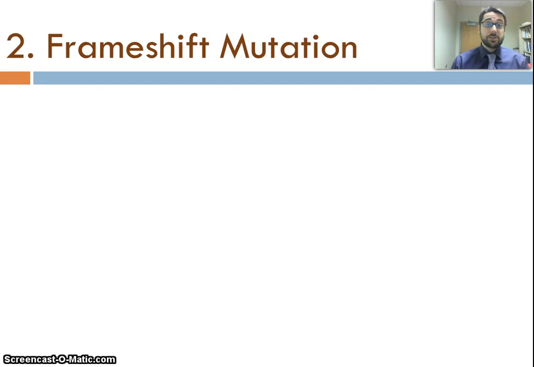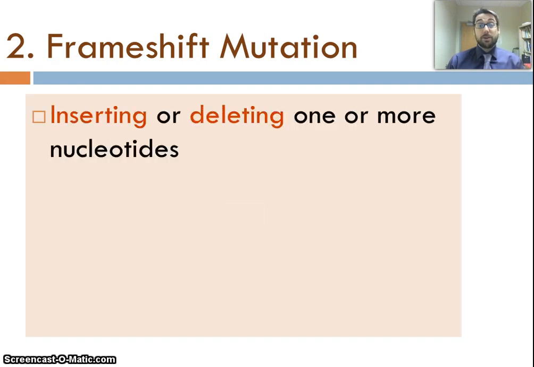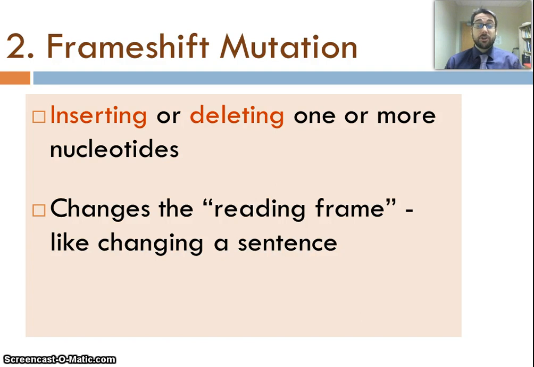Frame shift mutations, frame shift, these are the ones that are going to mess you up. These ones mess you up a lot because what you're doing is you're inserting or adding nucleotides, one or more, or you're deleting nucleotides. So it shifts the entire reading frame. That's why we call it a frame shift. If you think about how you read a book, you're just like a ribosome reading. You're reading your codons in groups of 3.